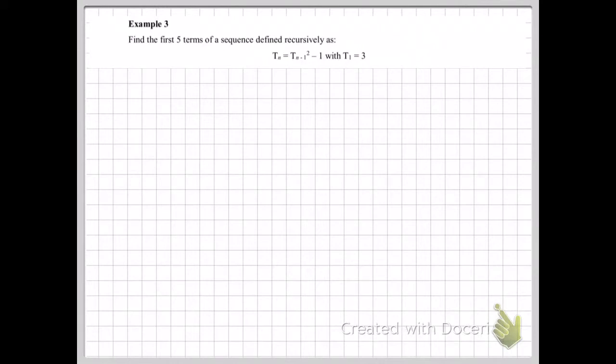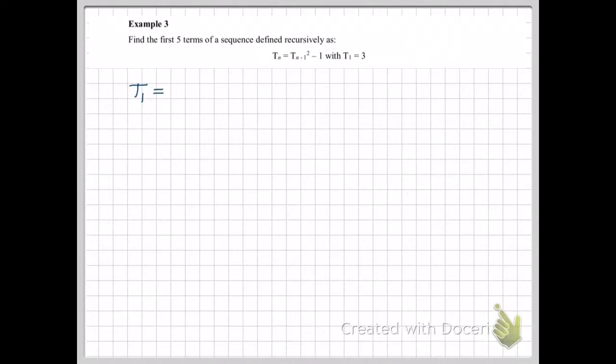Example 3. Find the first 5 terms of a sequence defined recursively as follows. So here we have tn defined in terms of the previous term, which is being squared, and then 1 is subtracted from that, and we're told that the first term is 3. So what we need to do is start with n equals 1 and do a little bit of algebra.